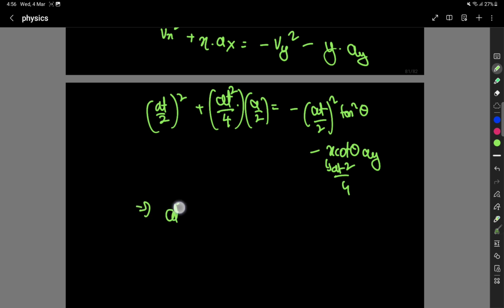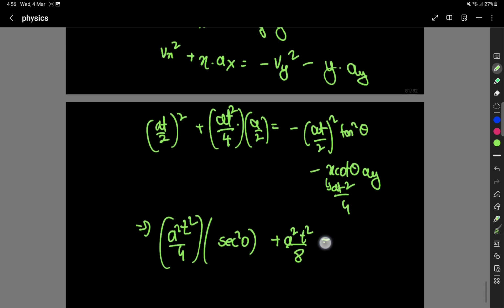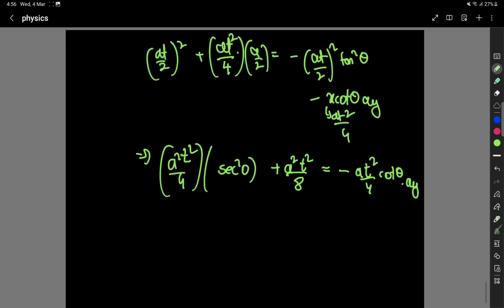This would imply 80 square a square t square by 4 secant square theta plus a square t square by 8 is equal to minus 80 square by 4 cot theta Ay. After this, what do I do?